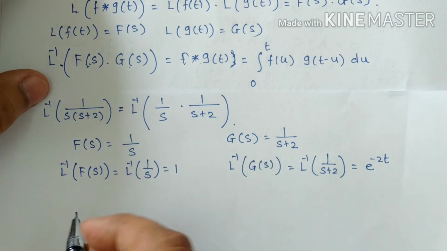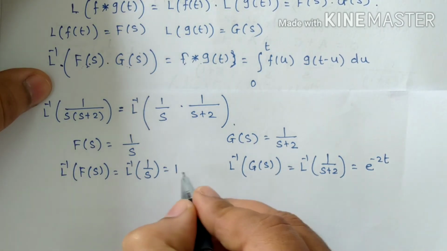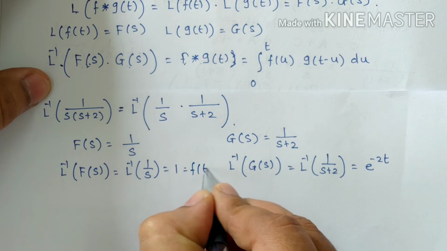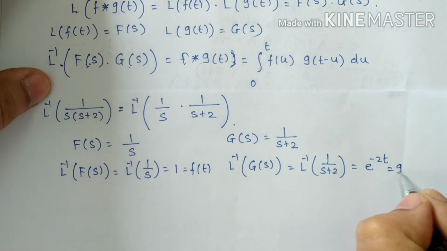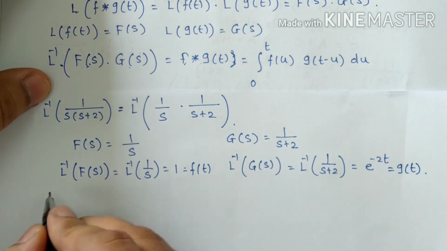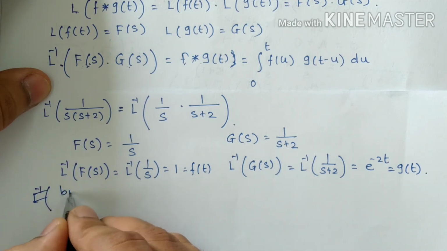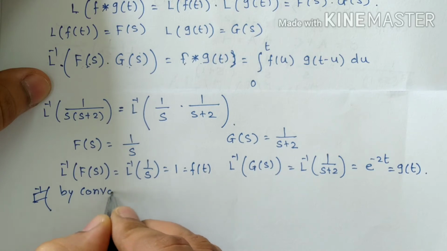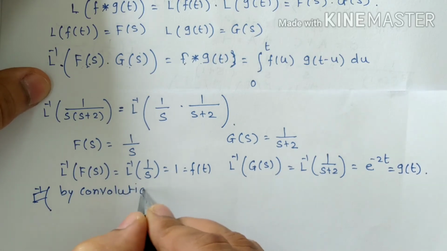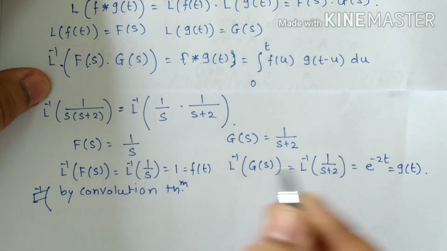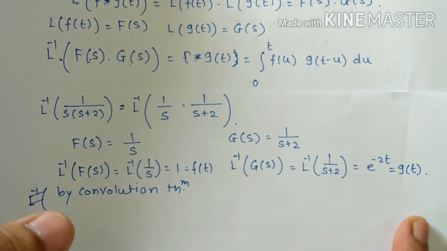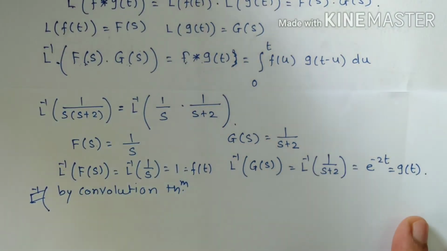Now, what is next? I call the inverse Laplace of f of s as f of t, and here I call it g of t. Therefore, by convolution theorem, what am I getting?